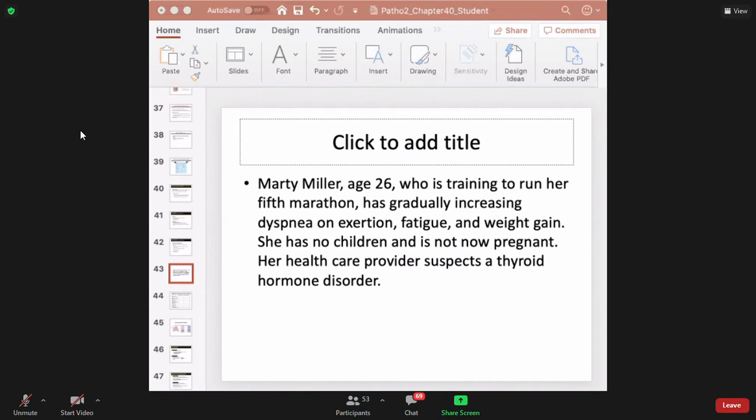She doesn't have any children. She's not pregnant, but they suspect she has a thyroid disorder. What do you guys think she has? You think she's got hypothyroidism? Okay, so how are you going to choose between secondary or primary?